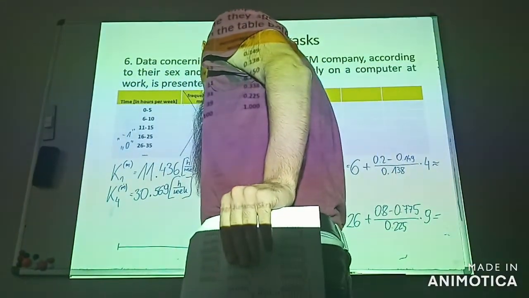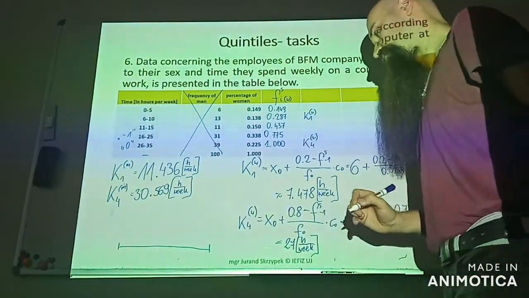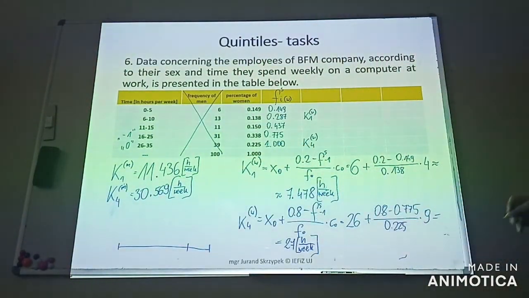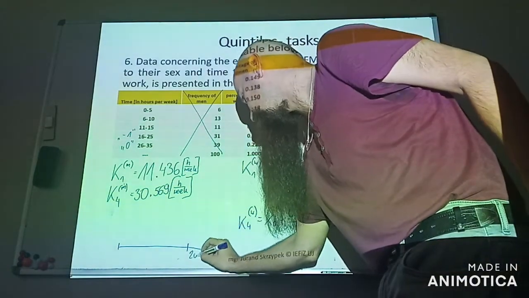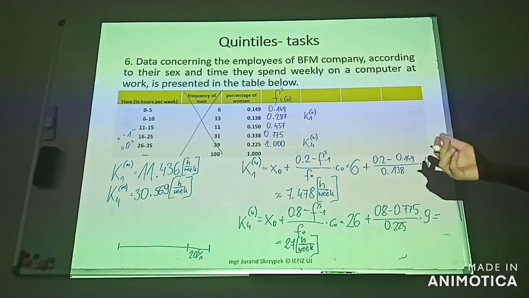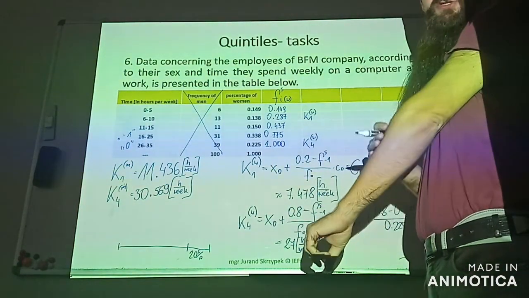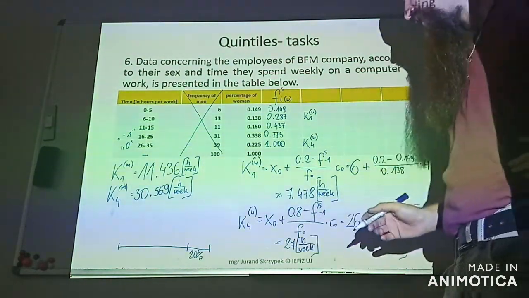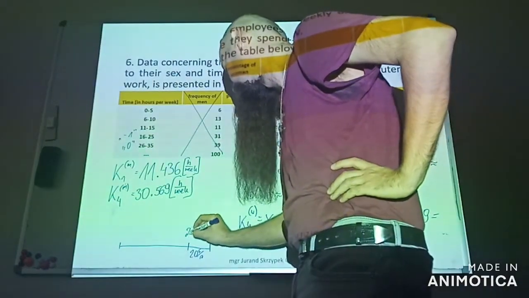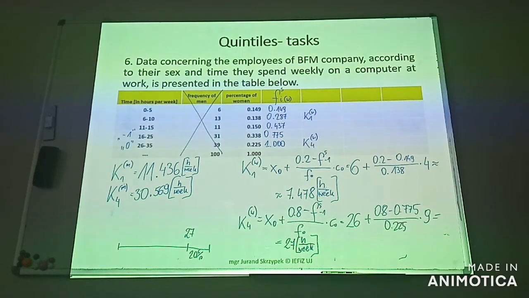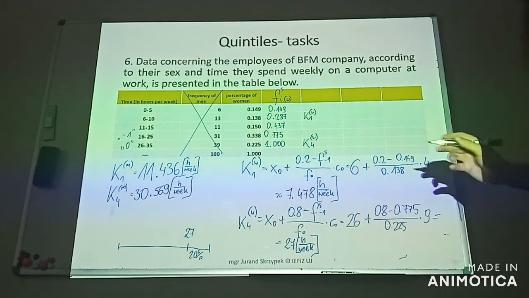And the main conclusion is that the 20% of women who spend the most time in front of the computer are characterized by an amount of time in front of the computer not lower than 27 hours. Here we have 27 hours for the fourth quintile of time spent at the computer.